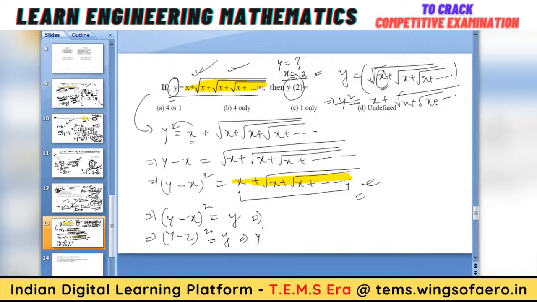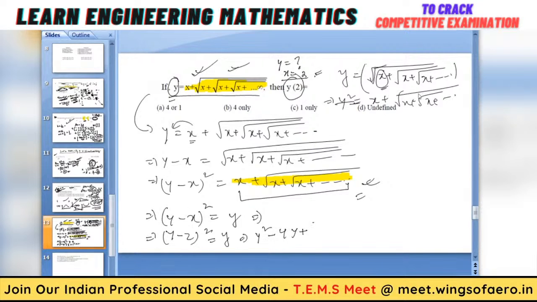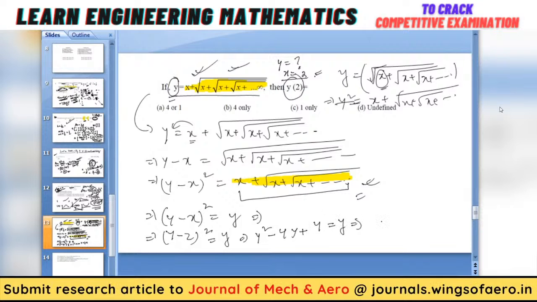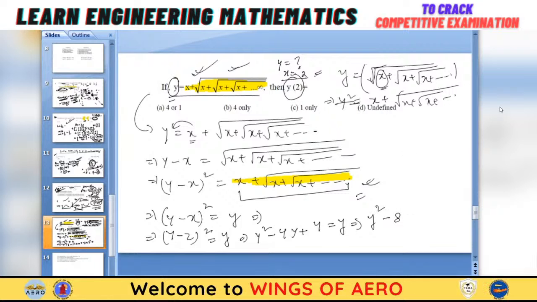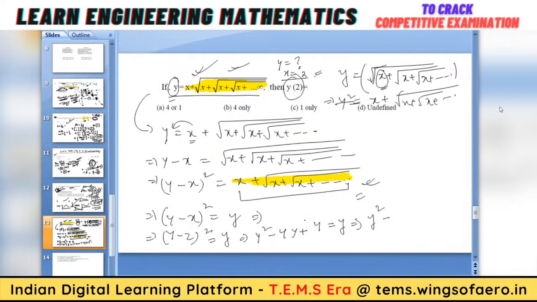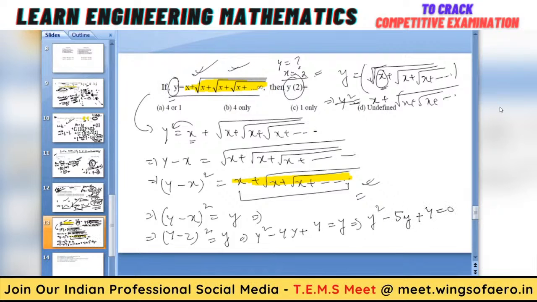Now y square minus 4y plus 4 is equal to y. Now take this y to this side: y square minus 5y plus 4 is equal to 0. Now simply solve it and find the value of y.